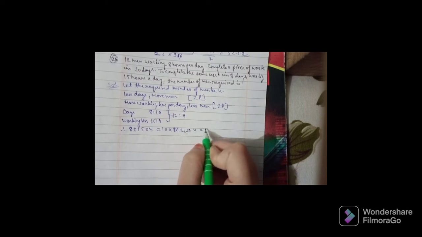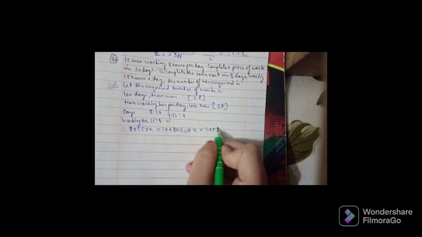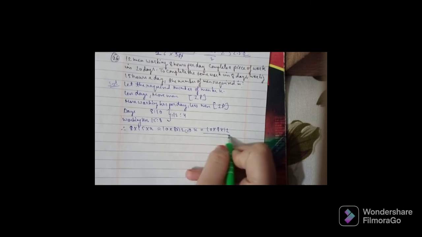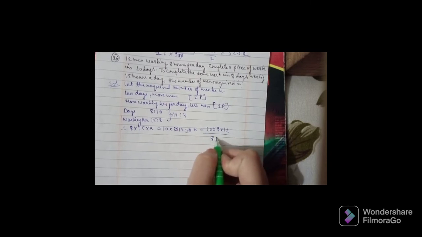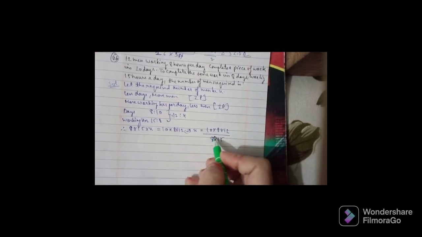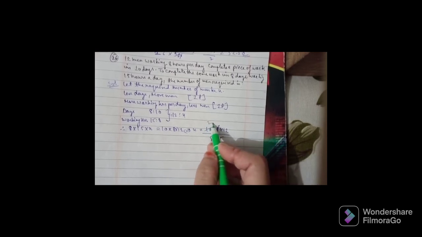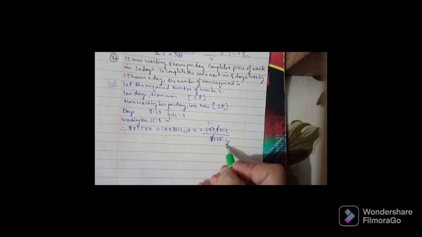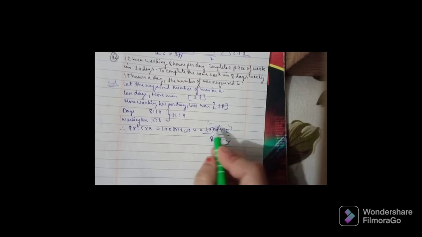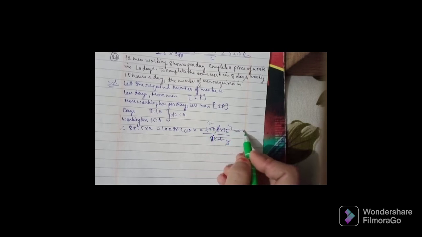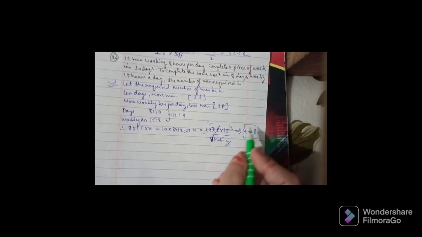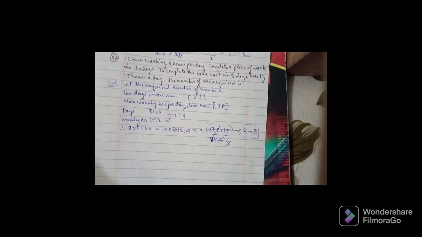Further x equals 10 into 8 into 12 upon 8 into 15. 8 is cancelled. 5 2s are 10 and 5 3s are 15. 3 1s are 3, 3 4s are 12. 4 2s are 8. So x equals 8, that we get as an answer here.